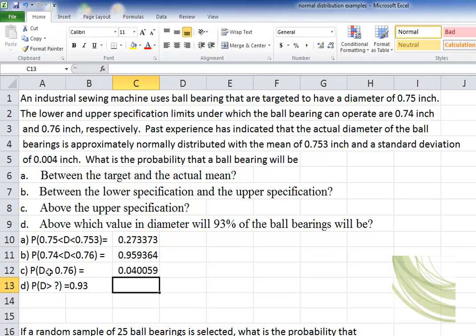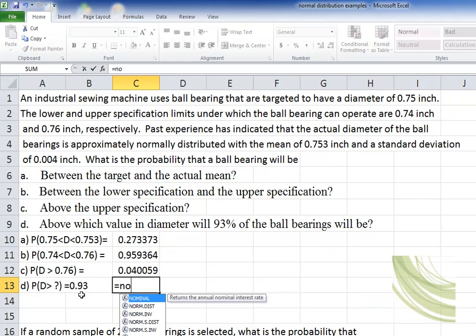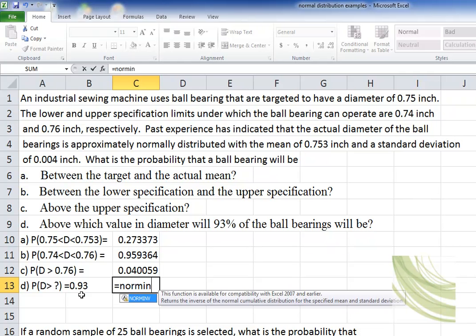So question D, about which value in diameter will 93% of the ball bearings be? So we formulate this question as a probability diameter greater than question mark equal 0.93. So we know 0.93 is probability upper tail. So what's the diameter? That will be equal NORM.INV.